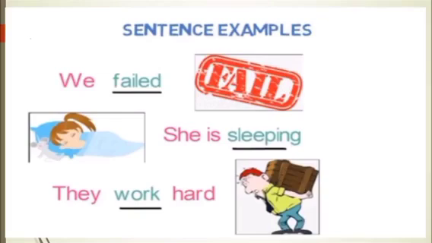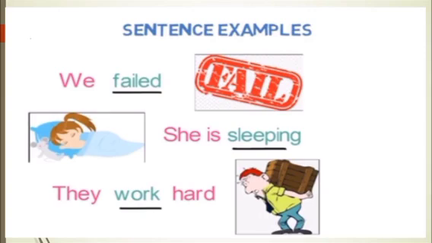Let's look into some more sentence examples having intransitive verbs. The first example sentence is, "We failed." Here, failed is an intransitive verb as there is no direct object linked with it. Let's look into the next example sentence. "She is sleeping."